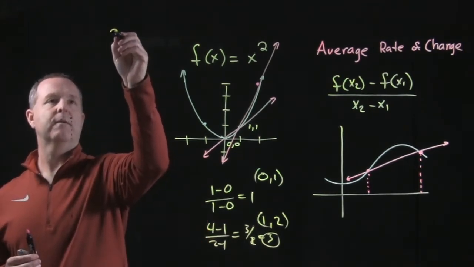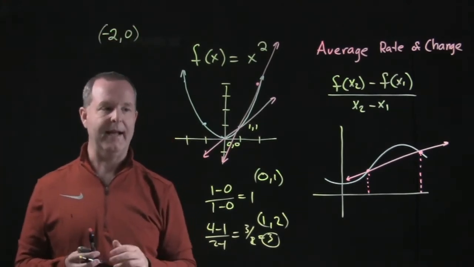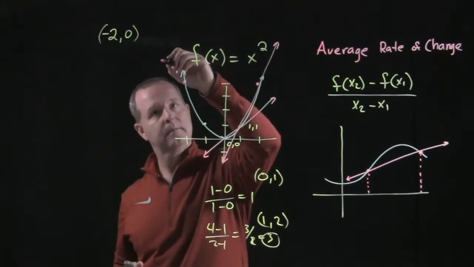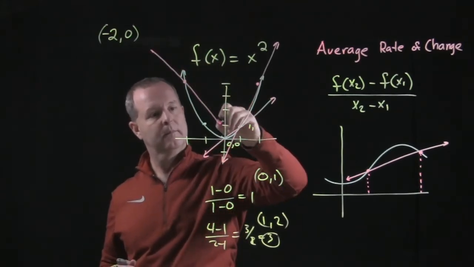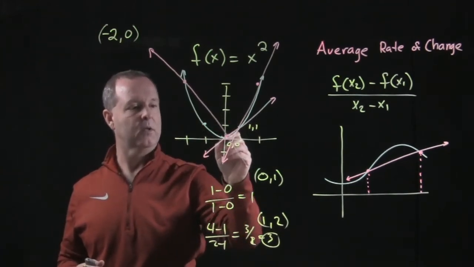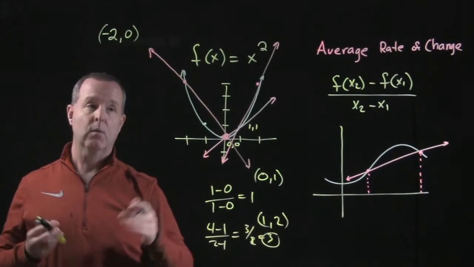I want to look at the interval from -2 to 0. What's happening on that interval? I did not intersect the origin there at all, so let's make it big like that so we can look at that.